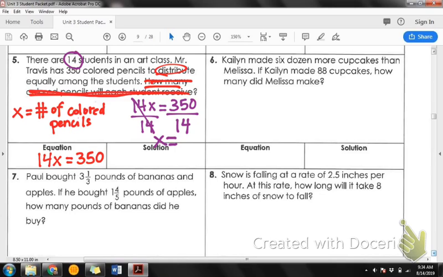Is that what you guys are saying? 25? So what does 25 mean? 25 what? 25 pencils. Every student got 25 pencils. Okay? So we would say x equals 25 pencils.